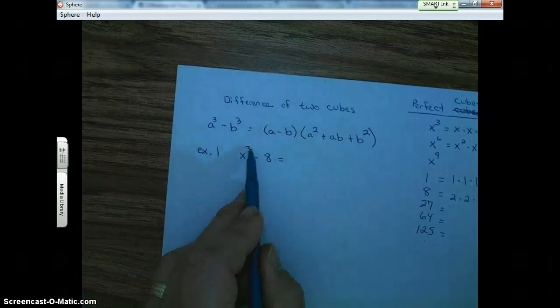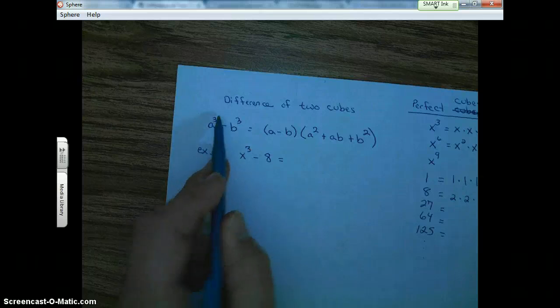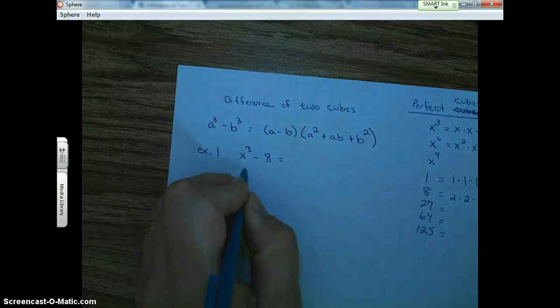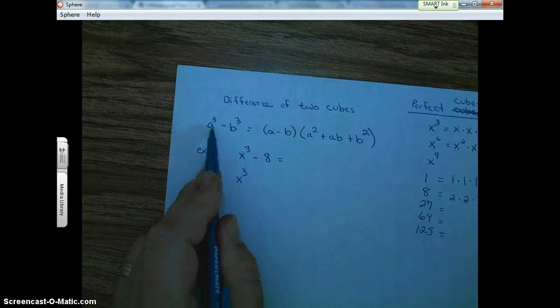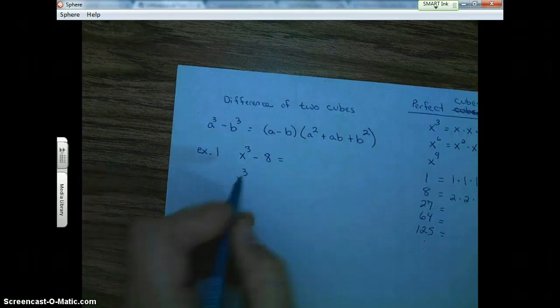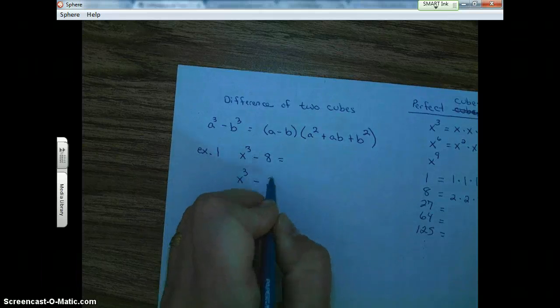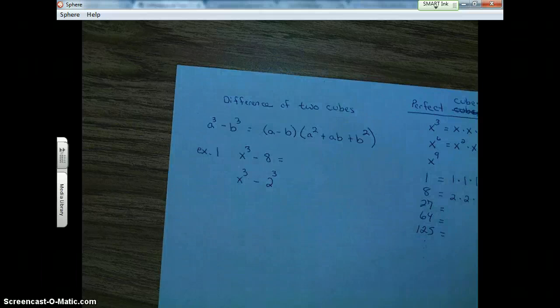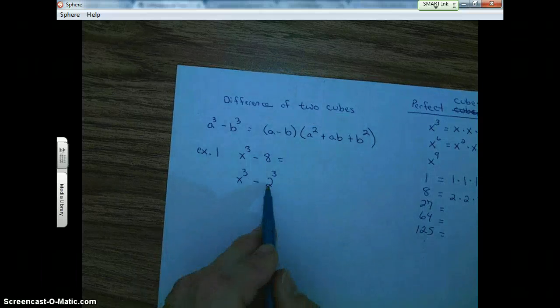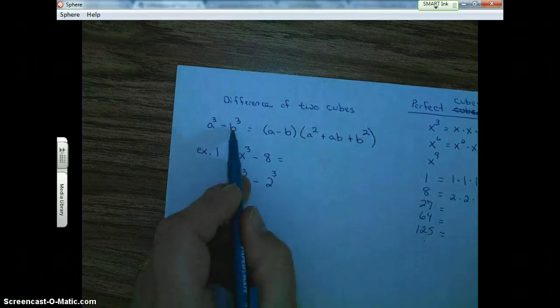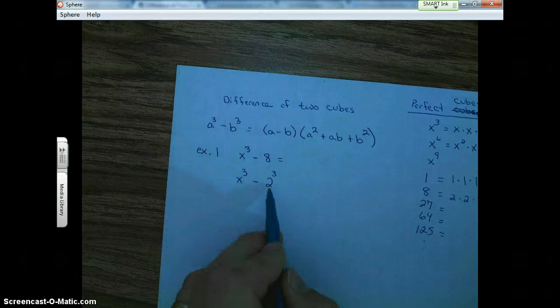Well, x cubed is in this format, so that's good. Okay, so our a in this case is x. Okay, now we're going to rewrite 8 as 2 to the third power. Our 2 represents our b. 2 times 2 times 2 is 8.